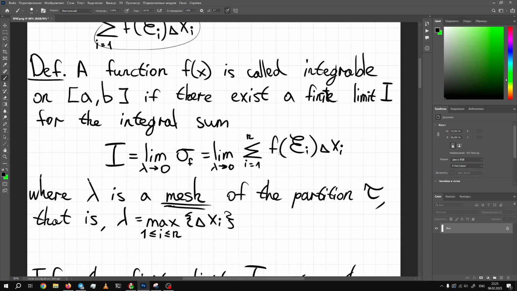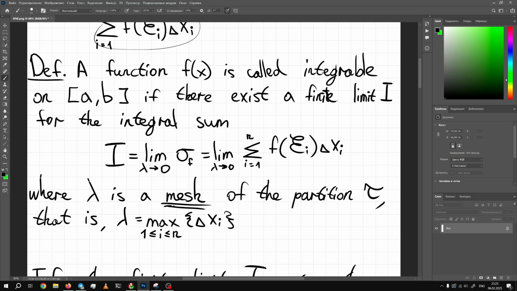By the way, let me explain this limit a little bit more. It's the biggest delta x, the biggest interval, which tends to 0.